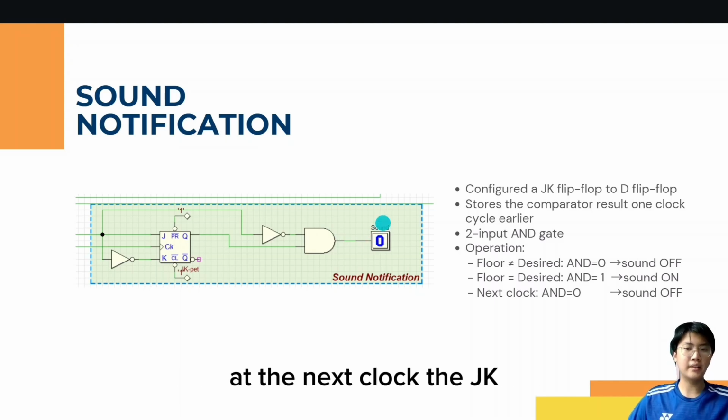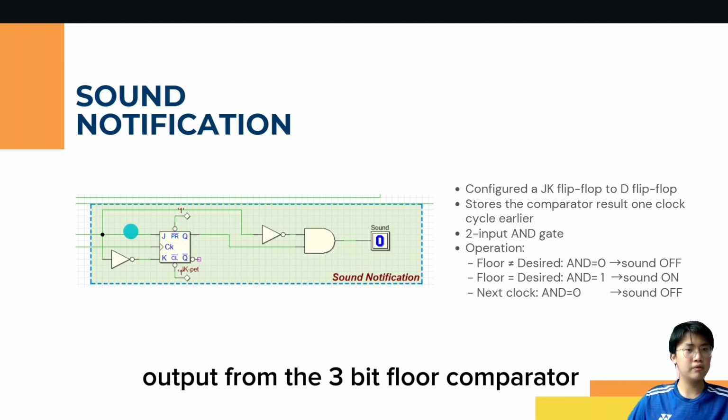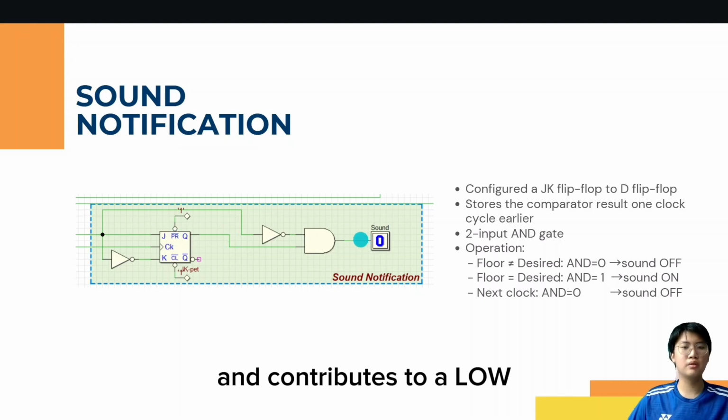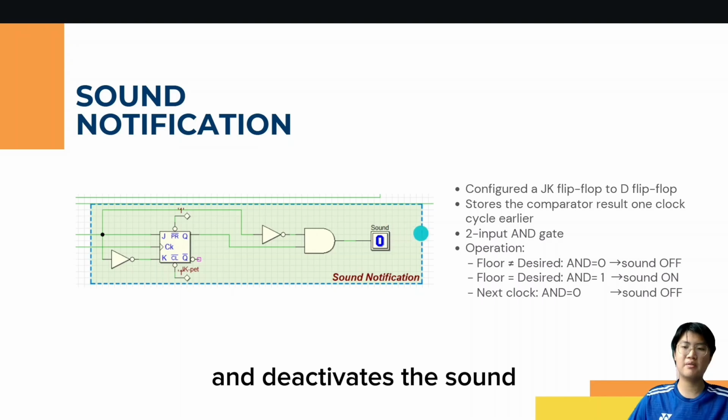At the next clock, the JK flip-flop will only output the low output from the 3-bit floor comparator and contributes a low output to the sound notification and deactivates the sound.